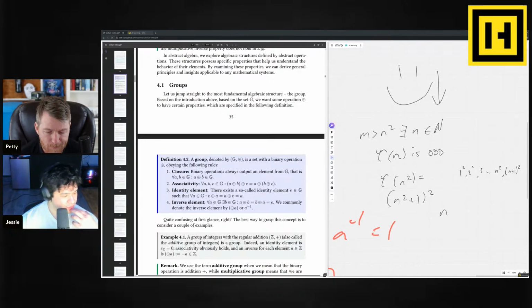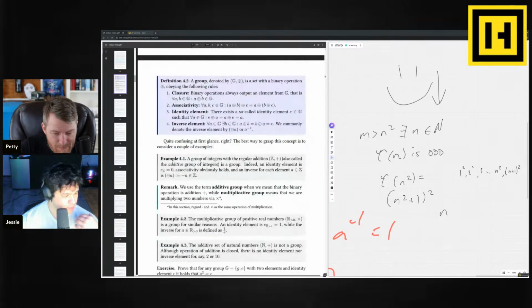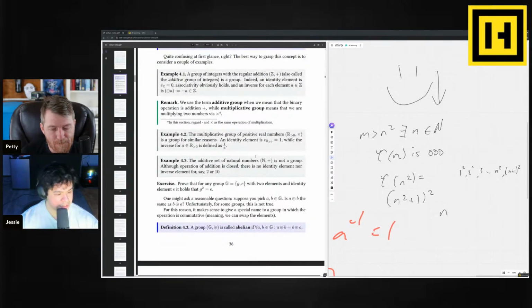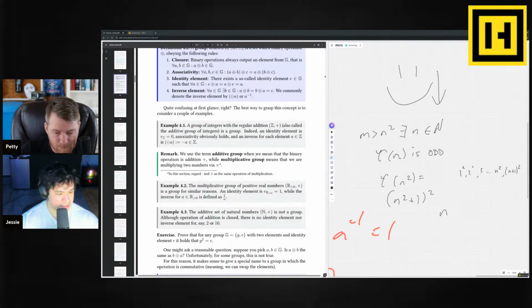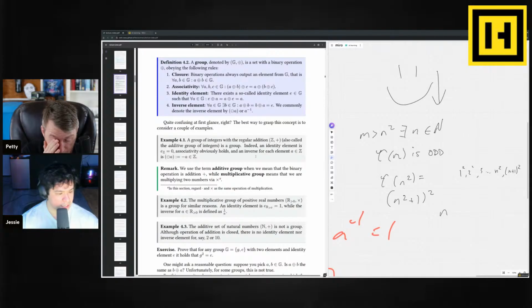Quite confusing at first glance, right? The best way to grasp this concept is to consider a couple of examples. Example 4.1: a group of integers with regular addition, the integer set Z with plus. It's just a plus, without the circle. It's the binary operation addition in the group Z. This is also called the additive group of integers, and it is a group.